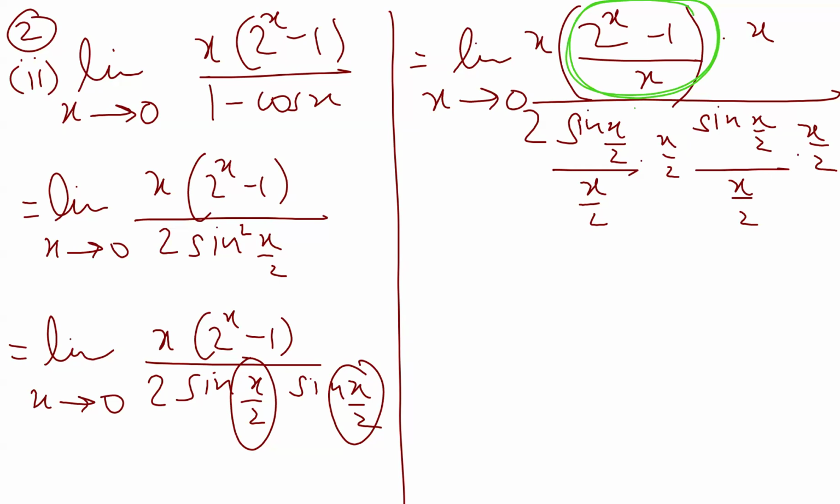Now these green circles, what are they? They are 1. So the top one will be log 2, right? Not 1. Which one? 2 raised to x minus 1 upon x.